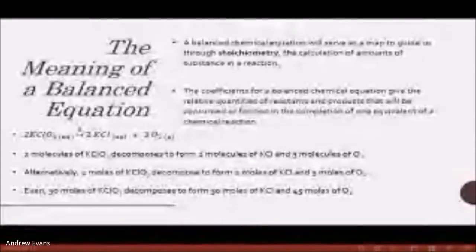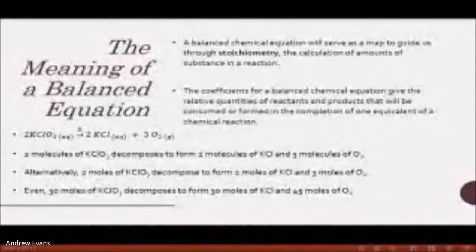So if I say 2 potassium chlorate goes to 2 potassium chloride and 3 oxygen. Besides being a decomposition reaction, besides being a redox reaction, where chlorine goes from positive 5 to -1, and oxygen goes from -2 to 0.